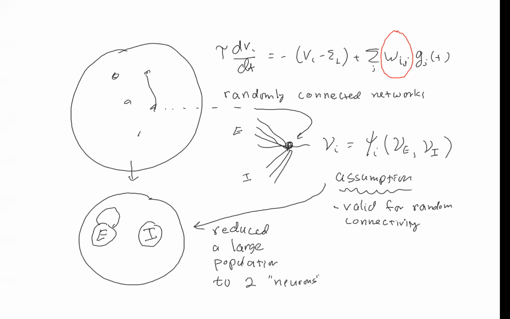Excitatory neurons excite each other. The inhibitory neurons inhibit themselves and inhibit the excitatory neurons. Okay, and that gives the set of equations, which is tau E, which we kind of made up.